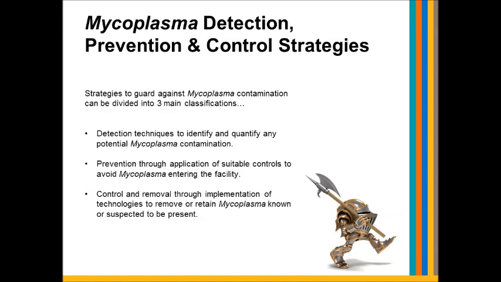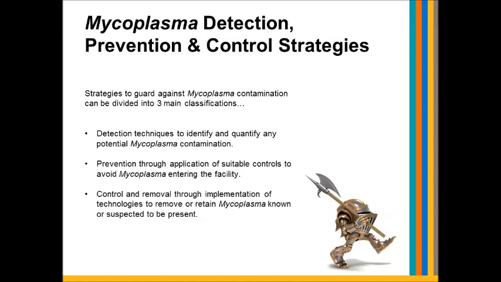So mycoplasma detection, prevention, and control strategies. Really, to guard against contamination, there are 3 main classifications, if you will. One is to establish detection techniques to identify and quantify potential mycoplasma contamination.